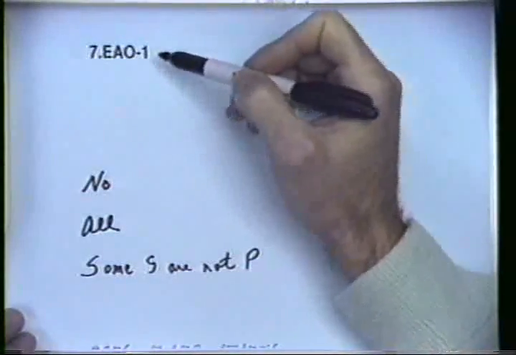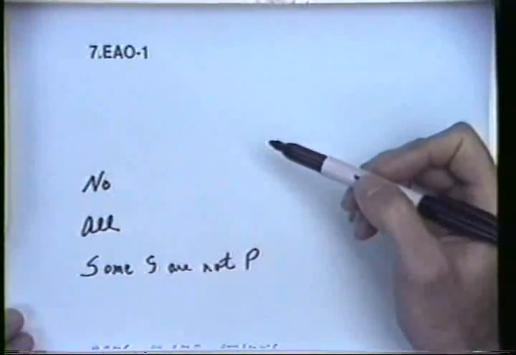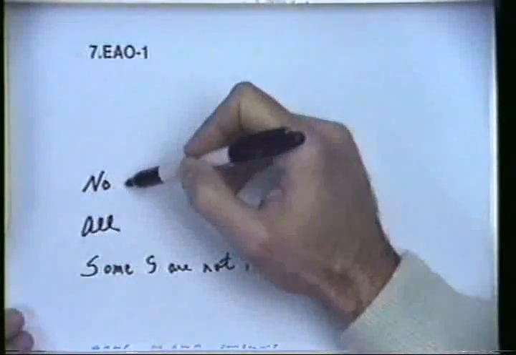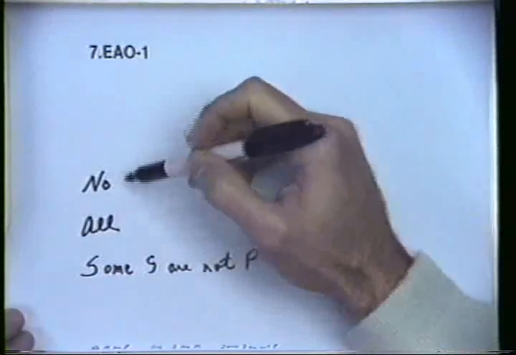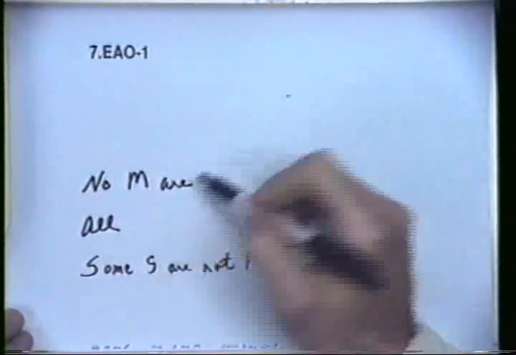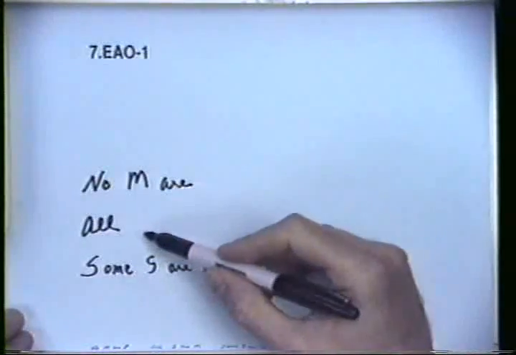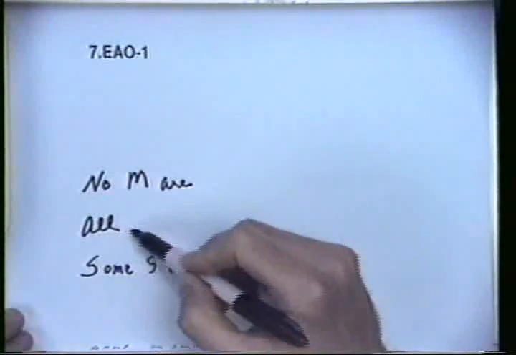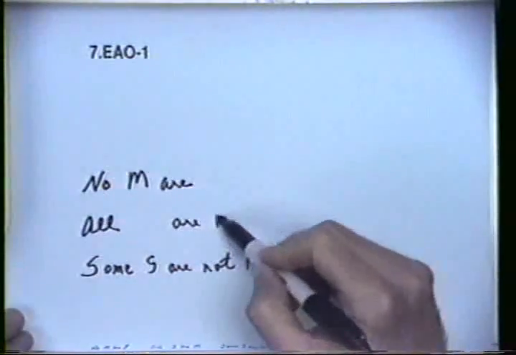Figure 1, you'll recall, is the figure in which the middle term is on the diagonal running this way. That is, it starts in the major premise in the subject, so we have an M here: no M are. And in the minor premise we have: all blank are M. So that is figure 1.